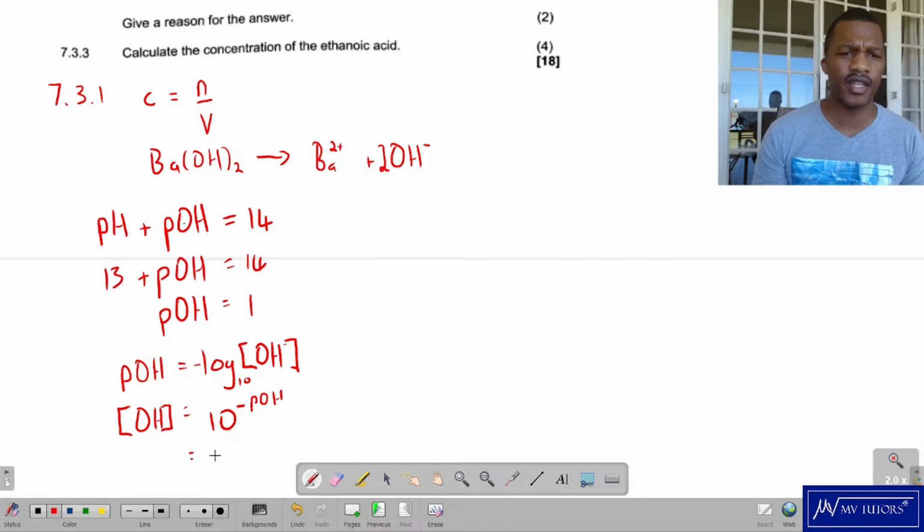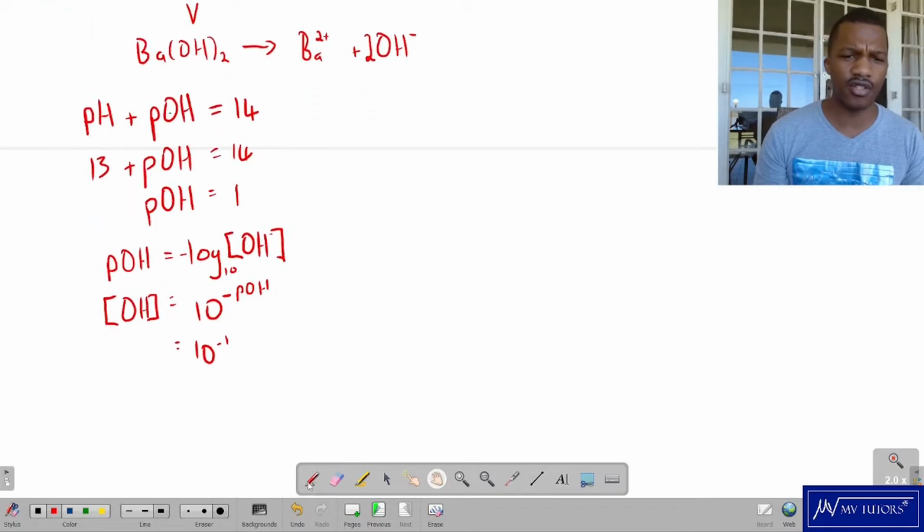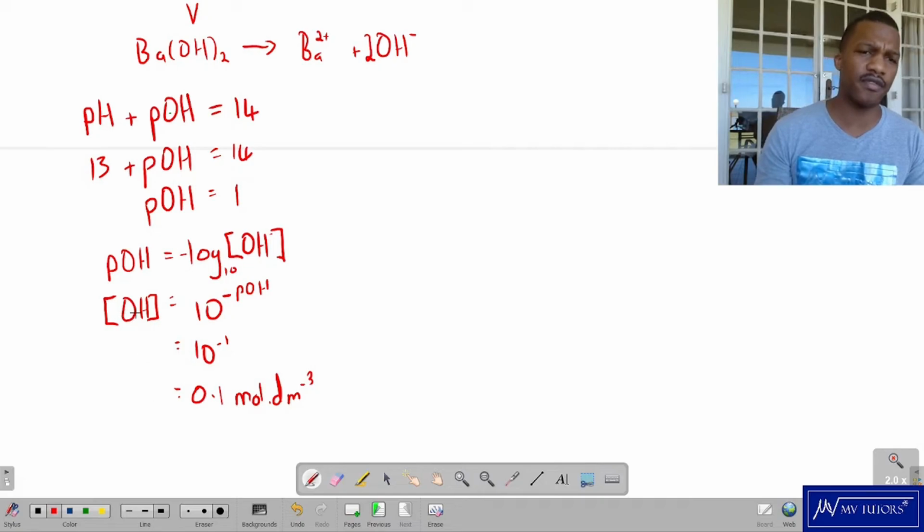And now we know that pOH is 1, we solved it there, then it means that our final answer, our concentration for OH ions is 0.1. 10 to the power minus 1 is 0.1 mole per decimeter cubed. That's for OH ions, concentration of OH.